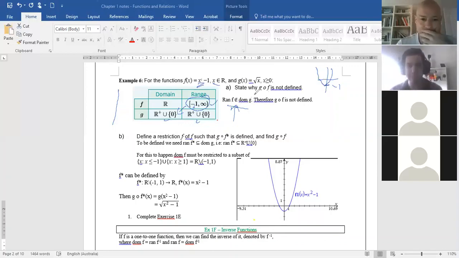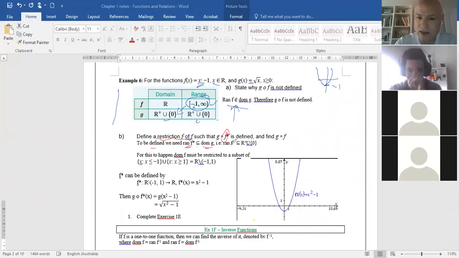Okay, part B. Part B is very interesting. It says define a restriction on F such that GoF*, with a star, is defined, and then find GoF*. Now remember, for this to be defined, we need the range of F* to be a subset of the domain of G. So this is a little bit of playing around here.